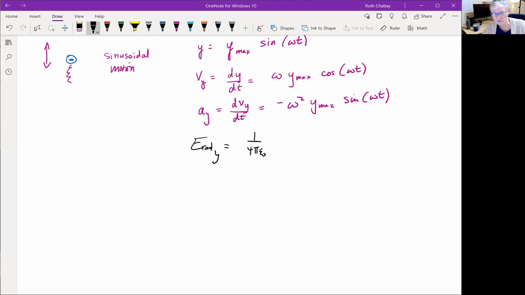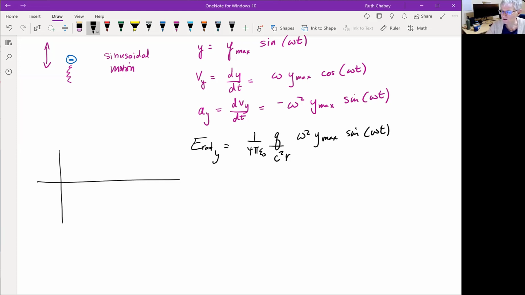It would be 1 over 4 pi epsilon 0 q over c squared r omega squared y max sine of omega t. So we get some sort of sinusoidally oscillating electric field, so if we plot E sub y, we'd get something that looked like that, which is a really terrible drawing of a sine wave.